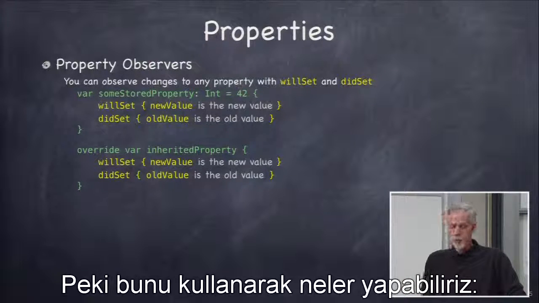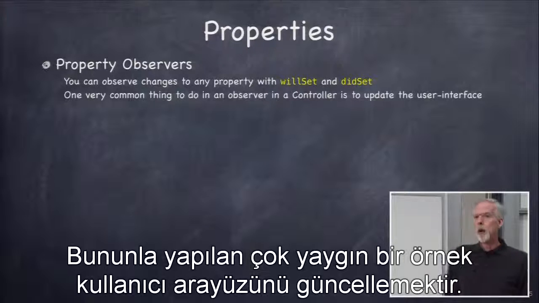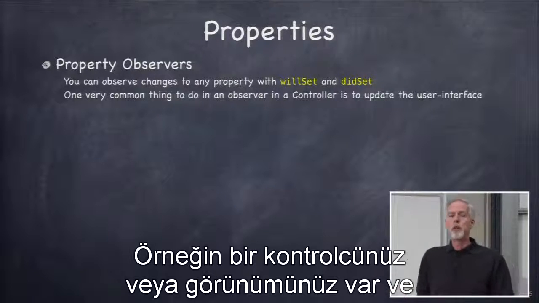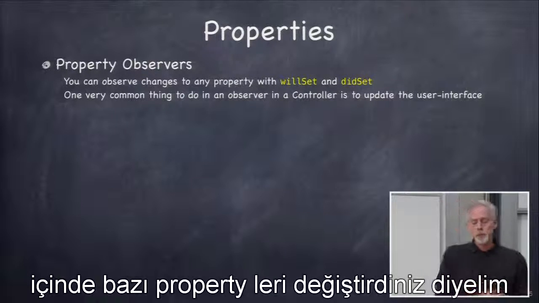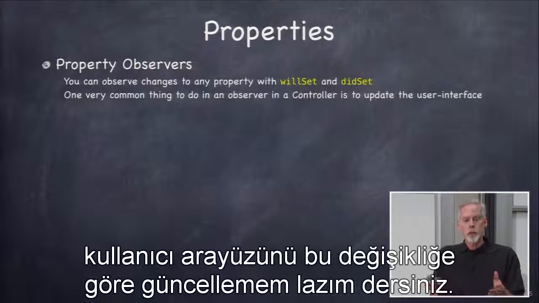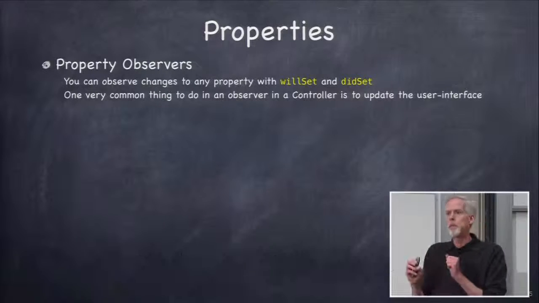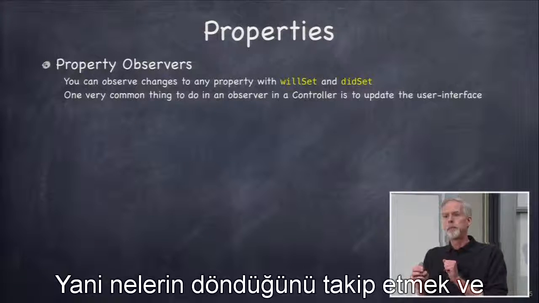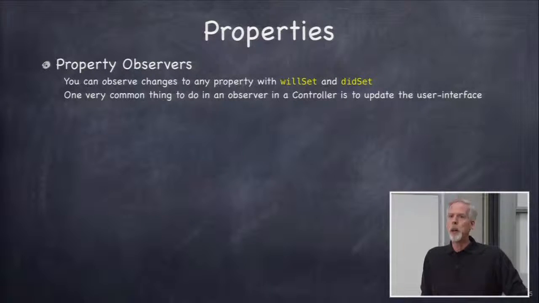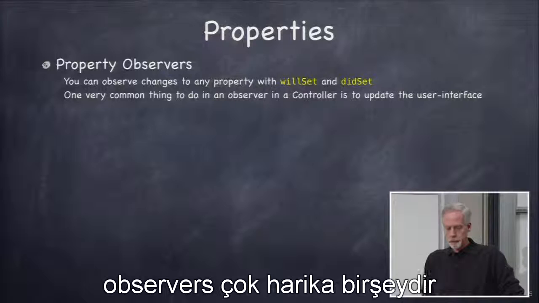Now, what kind of things would we do in here? Well, one extremely common thing to do in iOS is to update the user interface. So you have some view controller, let's say, or you have a view, and you change some property in it, and changing that property means the UI would change. So in the didSet, you'll go update the user interface. Does that make sense? Okay, so the observers are really cool. They're a really good way to kind of keep track of what's going on and keep things in sync.